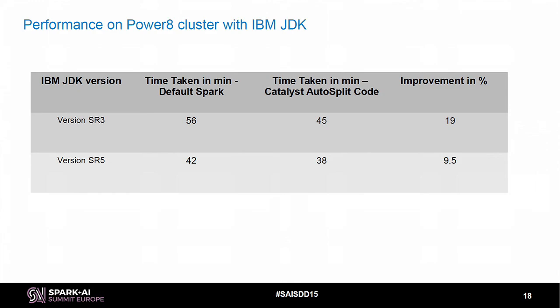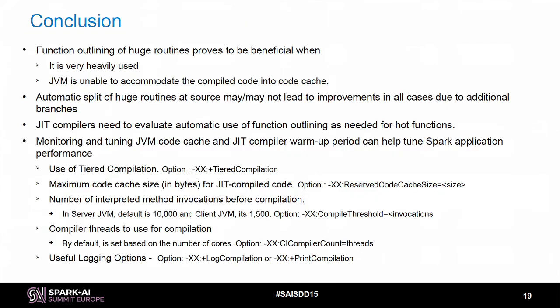This kind of code generally happens with automatic code generators; humans won't write such big routines. So we found function outlining of huge routines to be beneficial, specifically when it is hot and the JVM is not able to compile it.